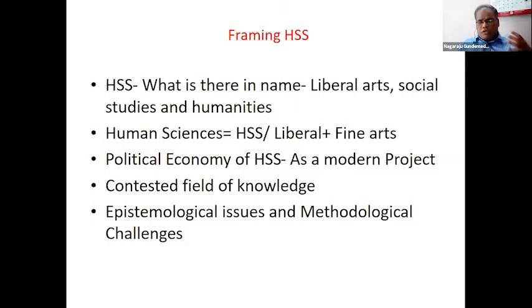But despite the long history, these branches of knowledge gained epistemic space only in the modern era. So only after the emergence of democratic nations have the humanities and social sciences acquired critical significance as sources of knowledge inquiry.